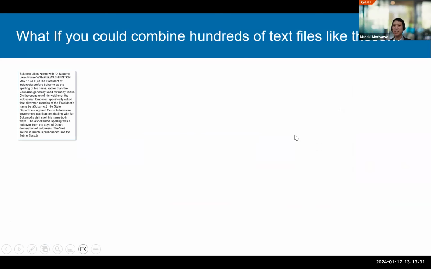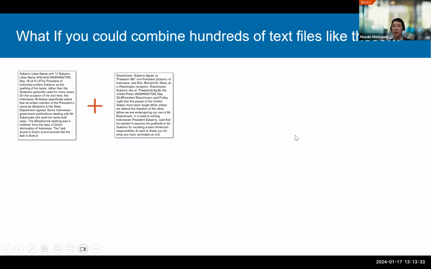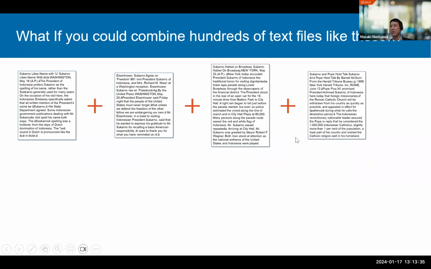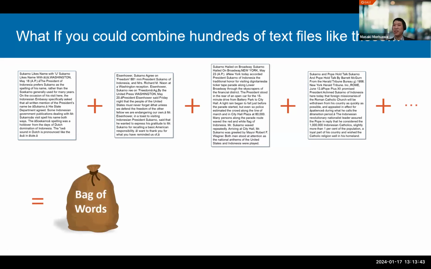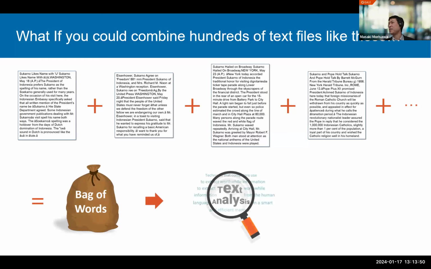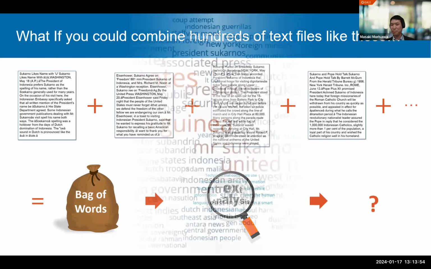They might want to combine one article on Sukarno with another article, and another, maybe hundreds or even thousands of such text files, and combine them all together into what they call a bag of words. And these are all textual data, and they apply certain analysis tools to do something like this.